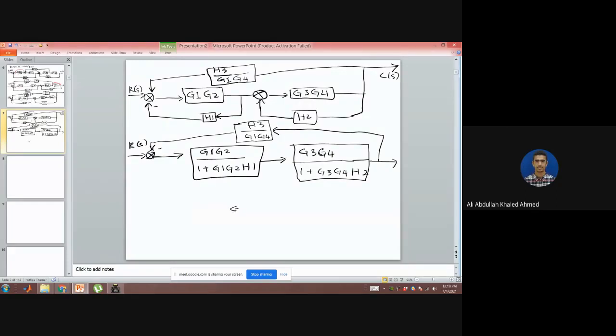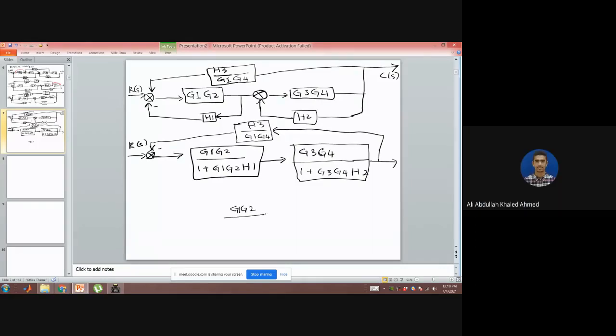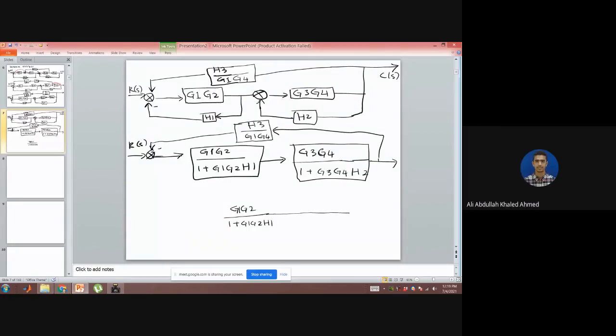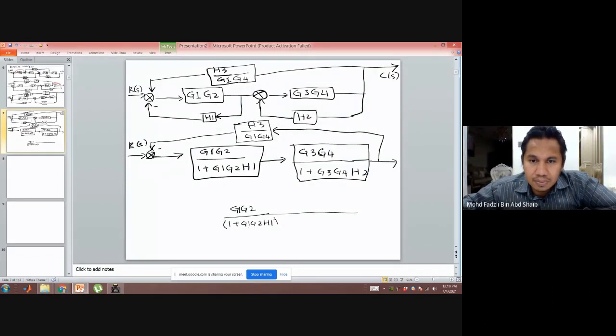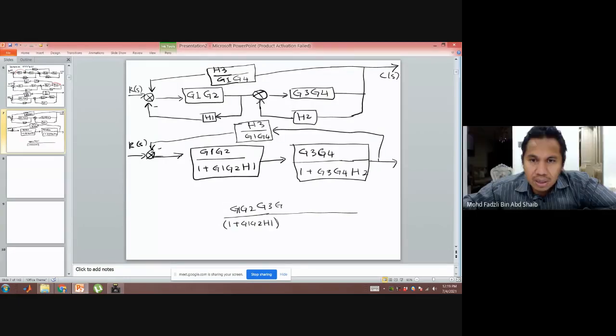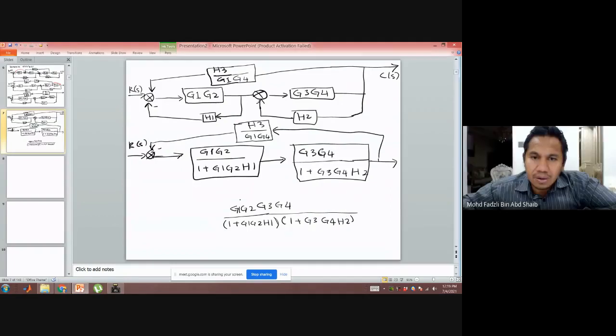G1, G2 over 1 plus G1, G2, H1, times G3, G4 over 1 plus G3, G4, H2. H2, right? Okay, very good.